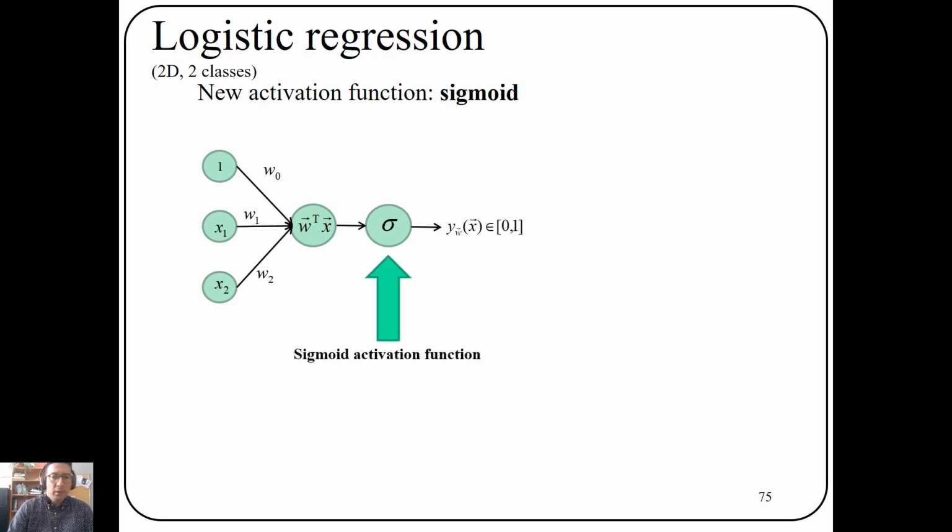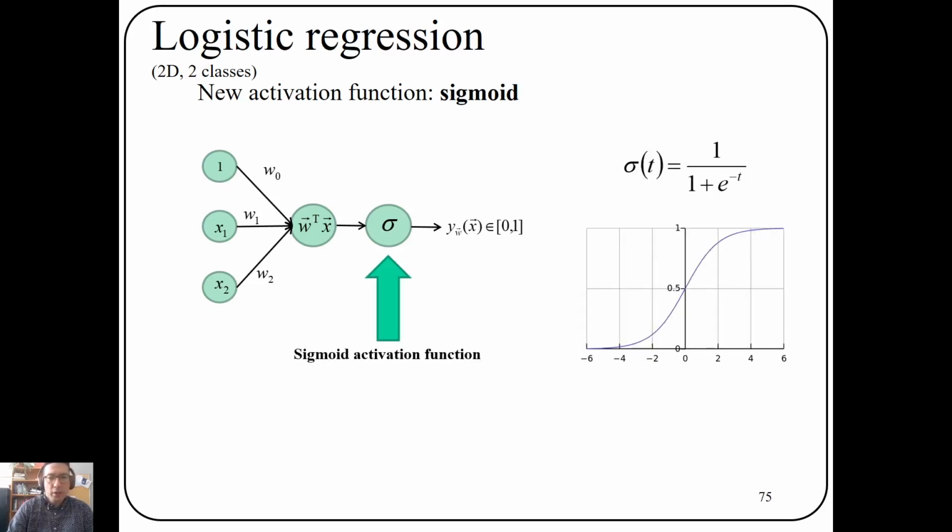The sigmoid is the activation function corresponding to that equation here. So the equation is 1 over 1 plus e exponent minus t. So if t is equal to 0, then this function is 1 over 1 plus e exponent 0. So it's 1 over 1 plus 1, which is 0.5. And when t gets very positive, then we have a sigmoid function that contains 1 over 1 plus e to the minus a large value.